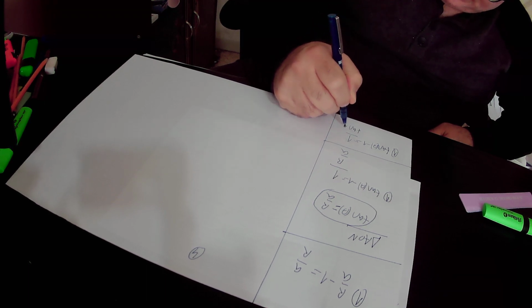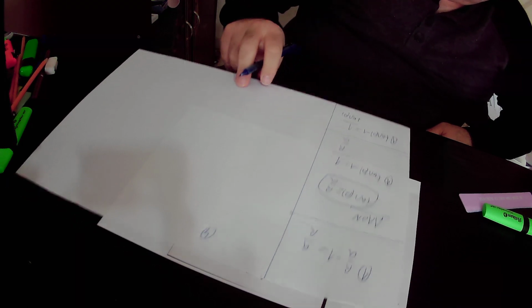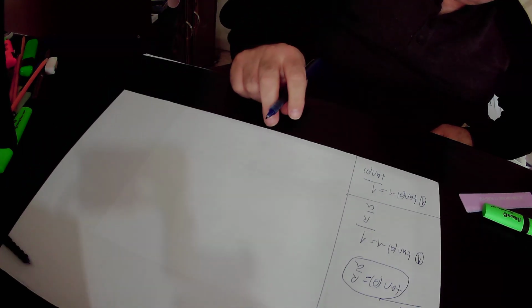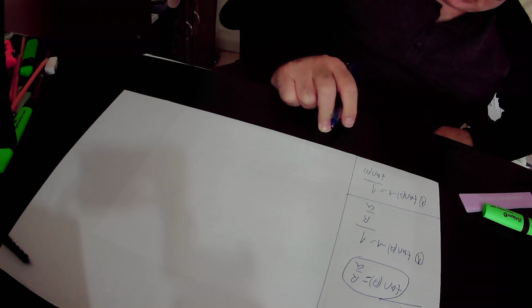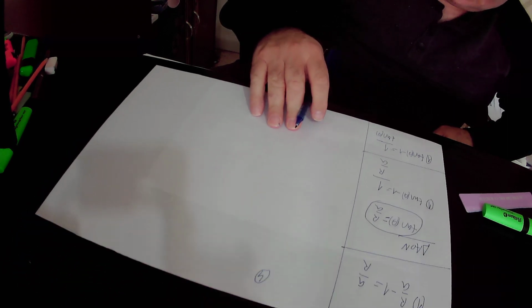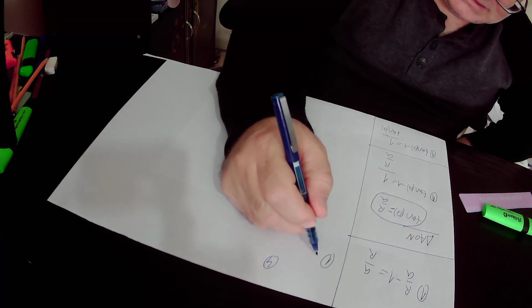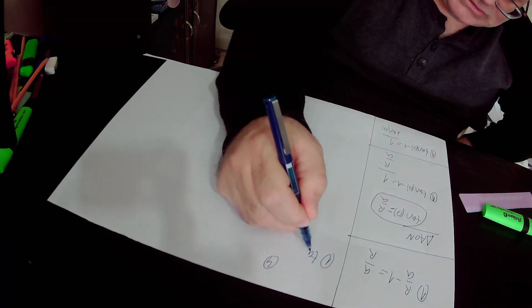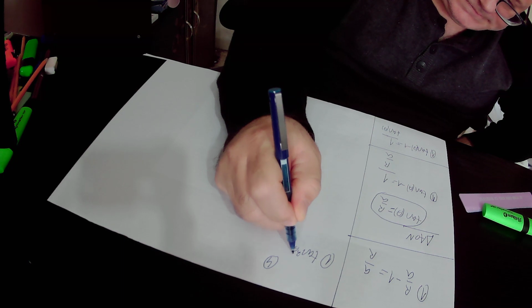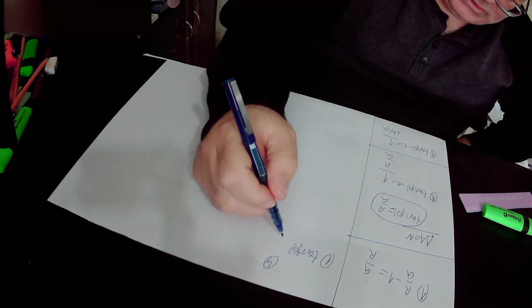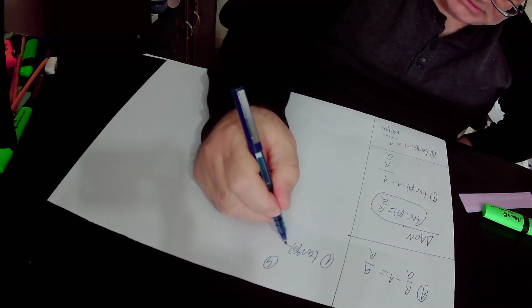So in conclusion, we found out that according to equation number 1, tangent theta minus 1 equals 1 over tangent theta. We will multiply equation number 1 by tangent theta, and we will get that tangent theta times tangent theta is tangent square theta. Minus 1 times tangent theta is minus tangent theta.